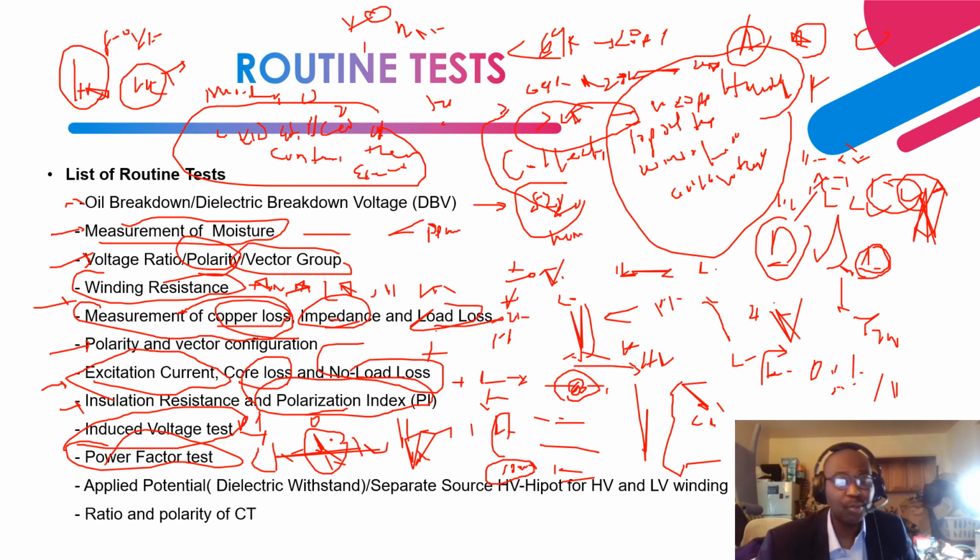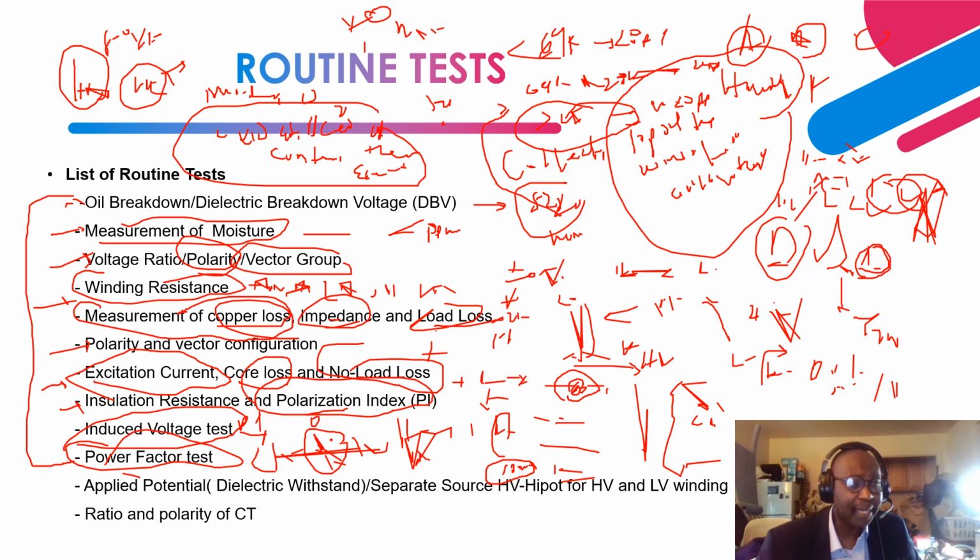That is when you combine this testing with the DGA testing, oil breakdown testing, and moisture testing, then compare and analyze the results to find out what really is going on if you have a power factor result greater than 1%.